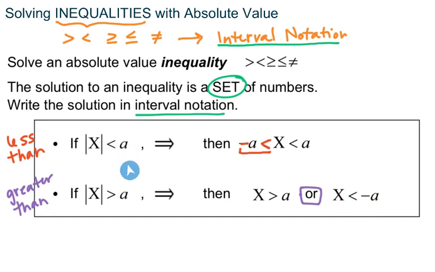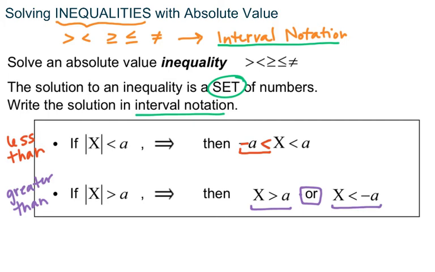And the a value technically can be positive or negative in these situations. There's no restriction on a having to be positive, because we could say absolute value of x greater than some negative number, and that would be everywhere. But in general, we say it is greater than the positive or less than the negative.